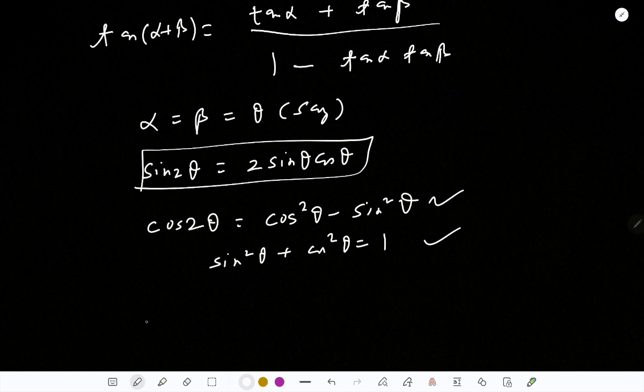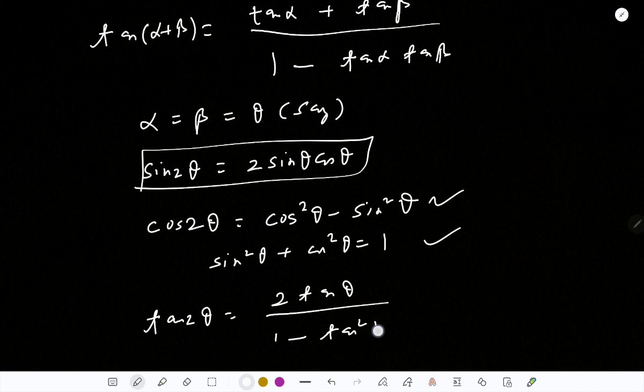In a similar manner, you can get tan 2 theta, and that will become 2 tan theta divided by 1 minus tan square theta. You can see from here. So in addition to this formula, you can find the triple angle formulas as well.